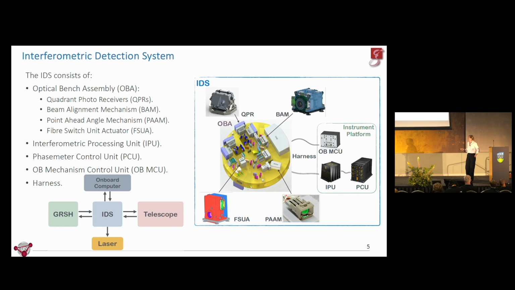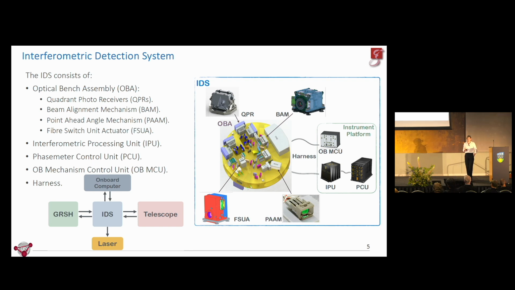The optical bench interfaces optically with the laser system on one side to receive the Tx light from the laser. It also interfaces with the telescope to exchange light with the far spacecraft, and with the GRS head to provide the test mass interferometer. IDS also consists of the phase meter system, which is the interferometric processing unit and the phase meter control unit.